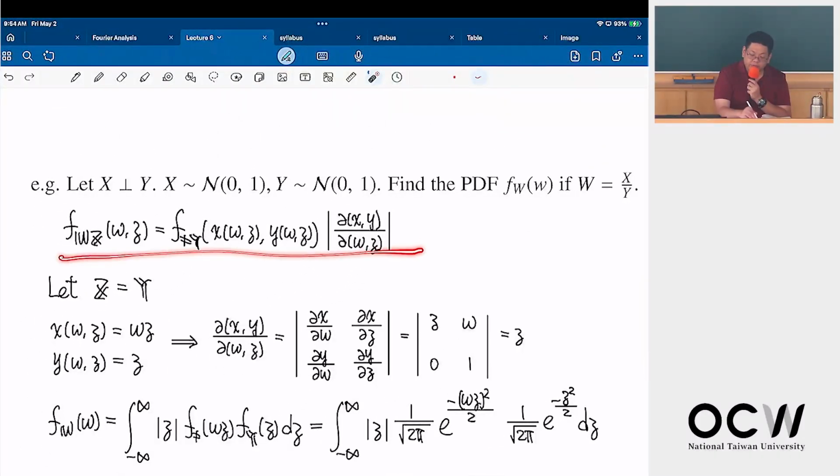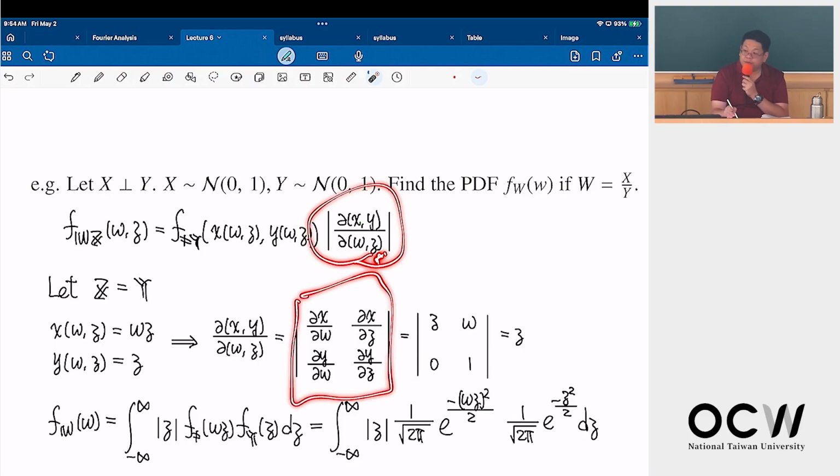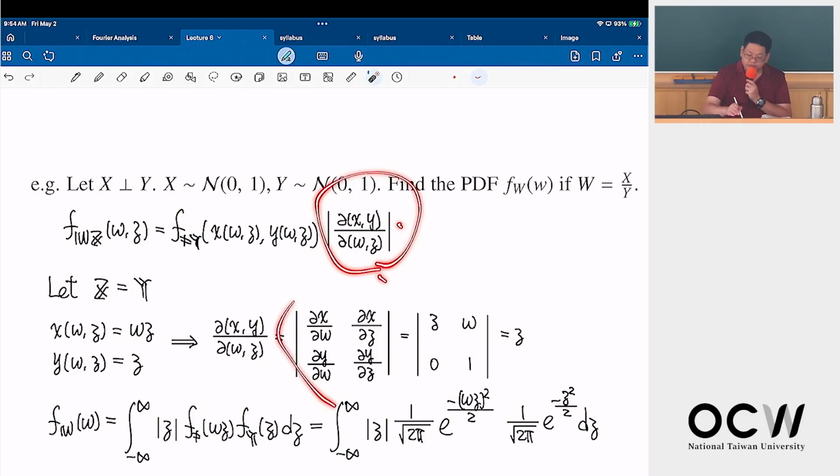We have a formula, right? To find the joint PDF, I need the joint PDF of x, y times the Jacobian. What is the Jacobian? Since I have a Jacobian, of course I want the Jacobian to be as simple as possible.